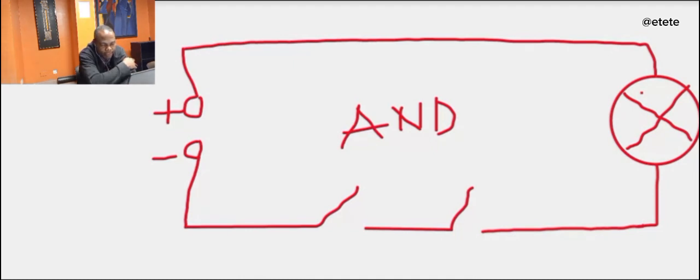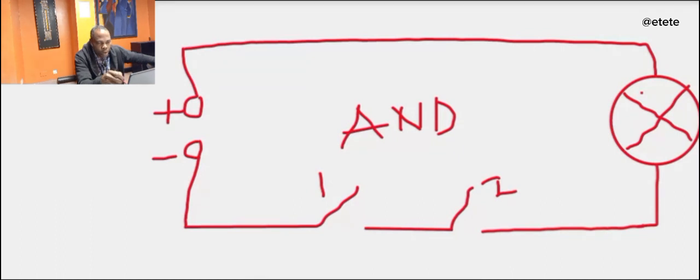This is the AND gate. This is the AND operator. Can you see that? So this is switch 1, this is switch 2. Now, if I close switch 1, this bulb will not come on. If I open switch 1 and I close switch 2, the bulb will not come on.